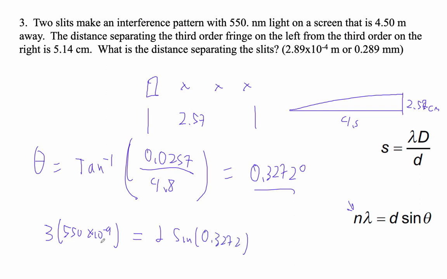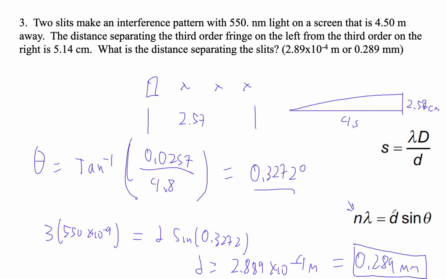Okay, so I'm going to go 3 times 550 e minus 9 divided by the sine of the angle, and I get that d is legitimately 2.889 times 10 to the minus 4th meters, which is 0.289 millimeters. Okay. You know, you can do it both ways.